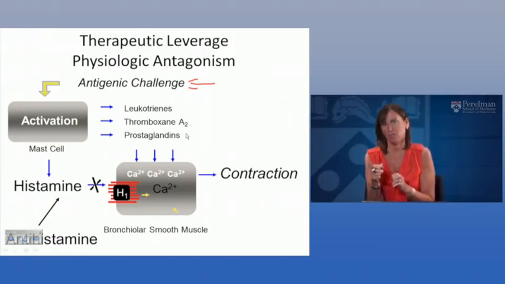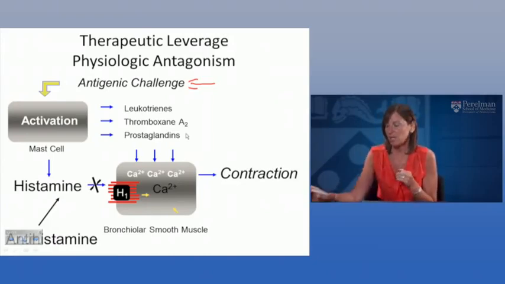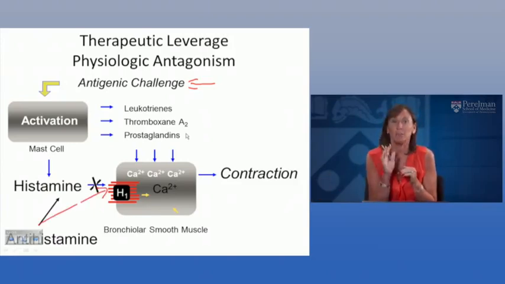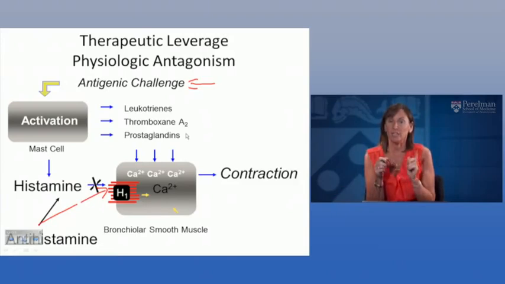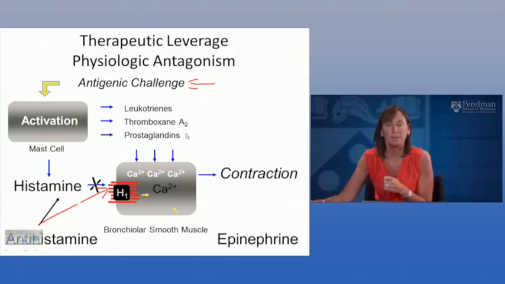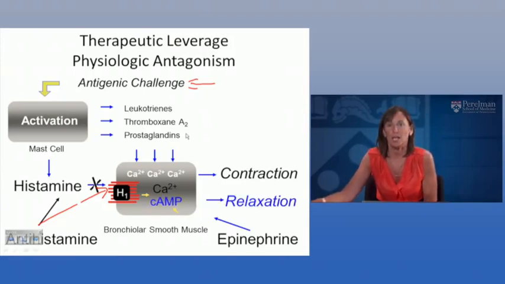And that's fine. Yes, you can give the patient an antihistamine. The problem is that the length of time it will take for the antihistamine to actually block the impact of the endogenously synthesized histamine is going to be too long, and your patient will expire. So you need to be proactive and do something that is going to be a little bit more immediate in its effect. And here's where we use the concept of physiologic antagonism.